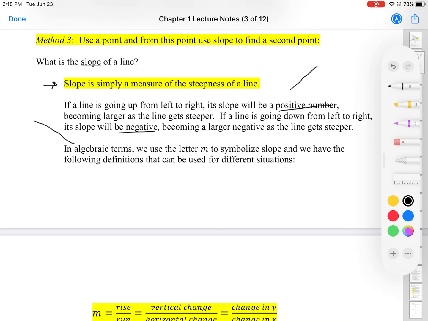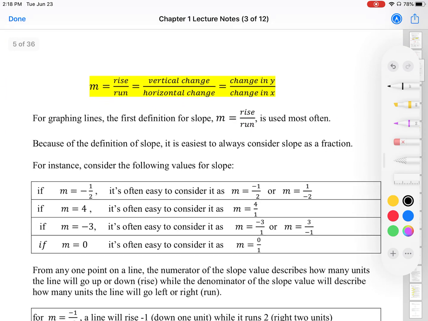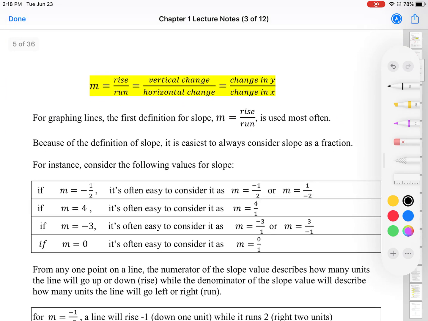In algebraic terms, we use the letter m to symbolize the slope, and we have the following definitions that can be used for different situations. So this is how we define a slope. Using m, we define the steepness as rise over run, and that's very helpful. Think about how things rise. Things rise going up and down, and things you run from left to right.